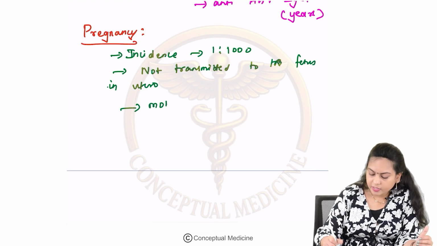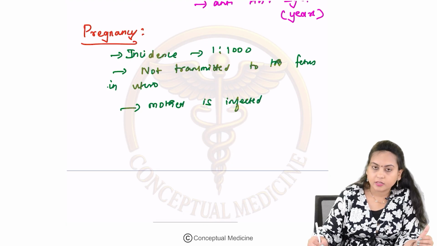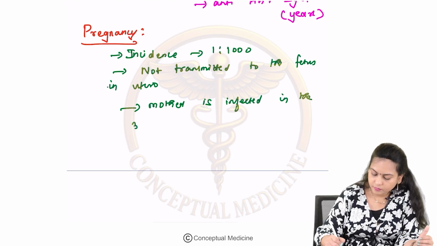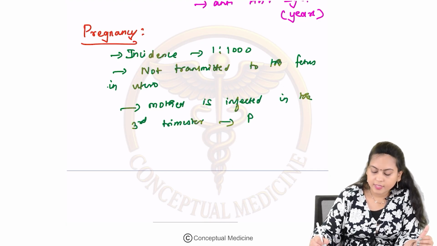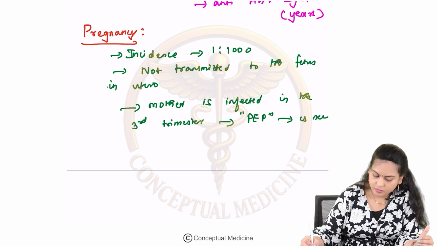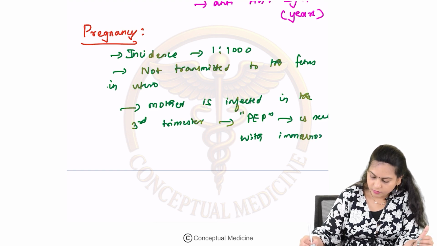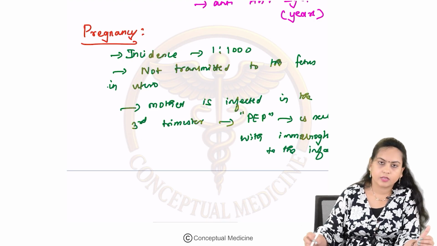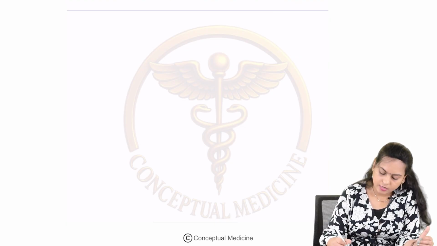If the mother is infected in the 3rd trimester, then post-exposure prophylaxis with immunoglobulin is needed for the infant. Clear? Yes.